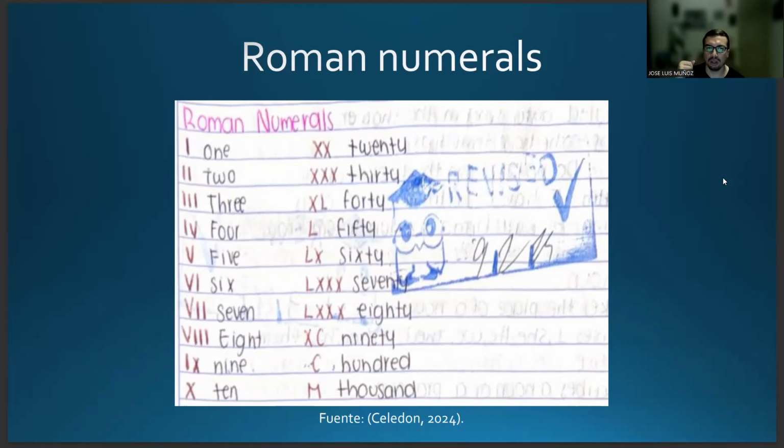For example, with the number 6, we use the V and I, that's the 6 in Roman numerals. And 90, we use X and C. C is 100, M is 1,000. It depends.